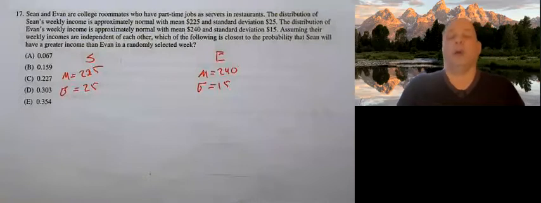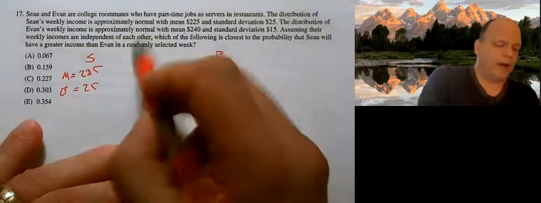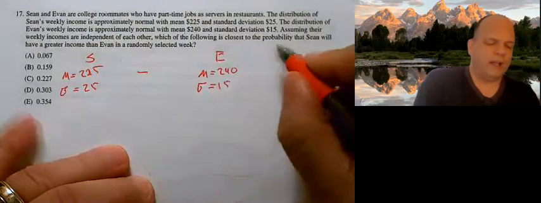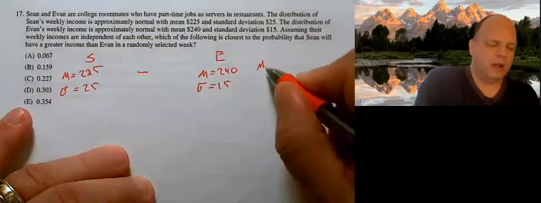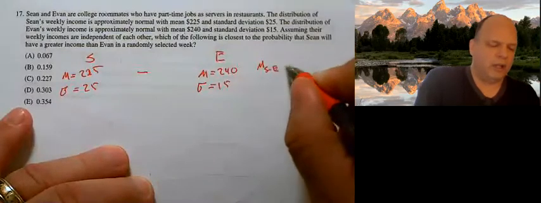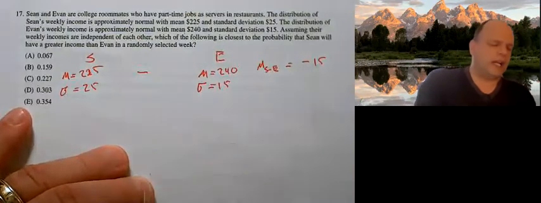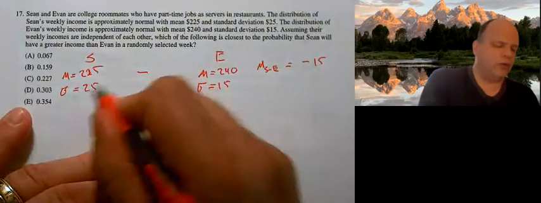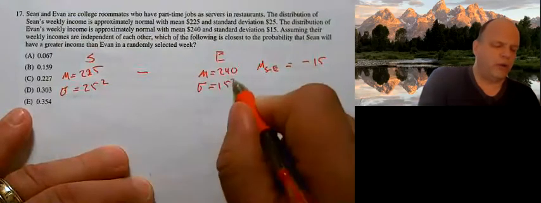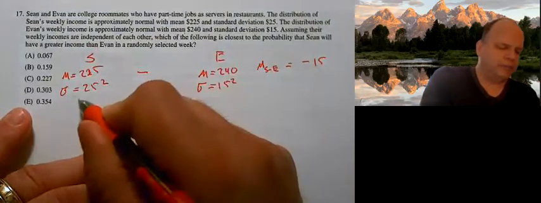All right, so first off, if I subtract these two, I find that the mean of Sean minus Evan equals negative 15. Unfortunately, I can't subtract standard deviations. I'm going to have to square them and then add them.